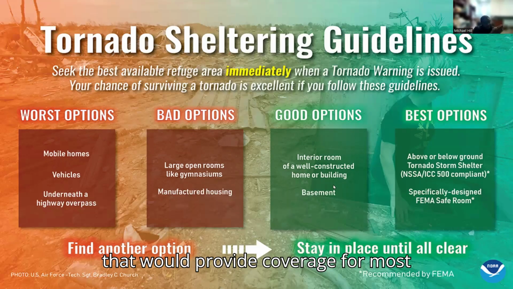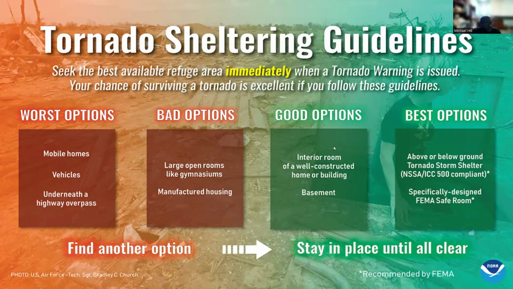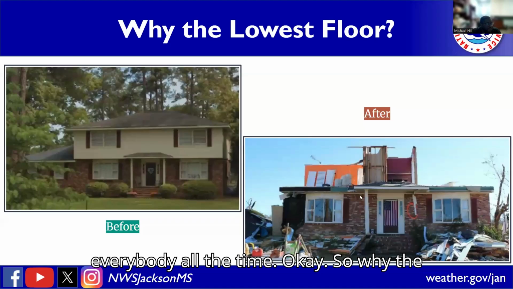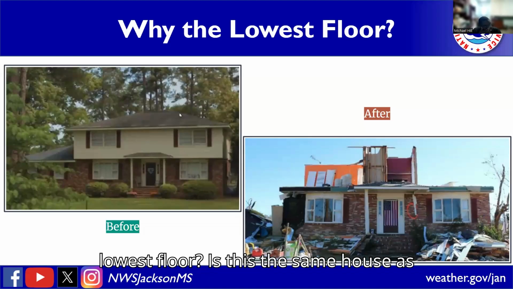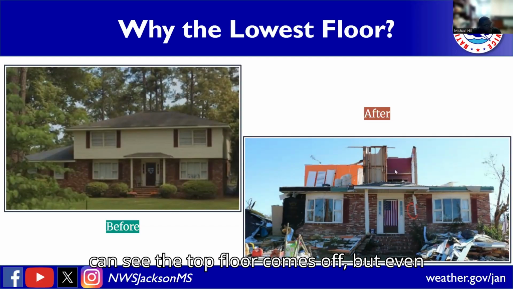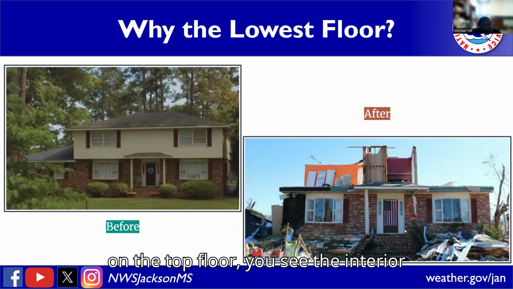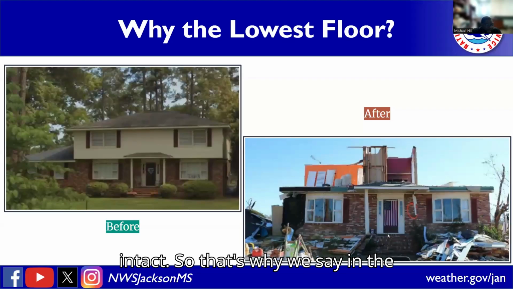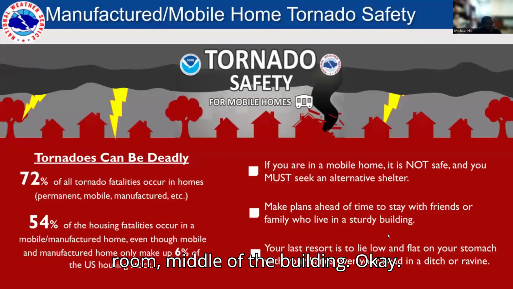So that would provide coverage for most everybody all the time. Okay. So why the lowest floor? Is this the same house as before and after? You can see the top floor comes off, but even on the top floor, you see the interior part of the top floor still remained intact. So that's why we say an interior room, middle of the building.